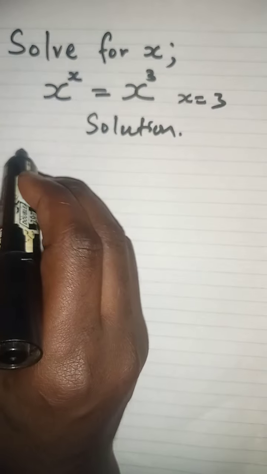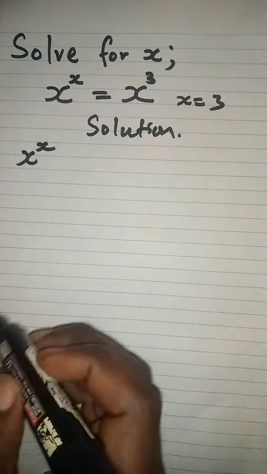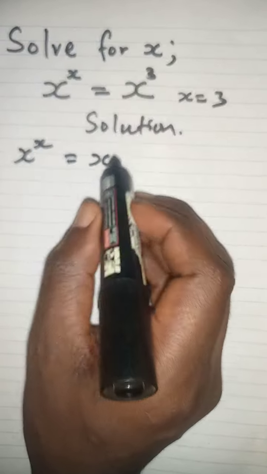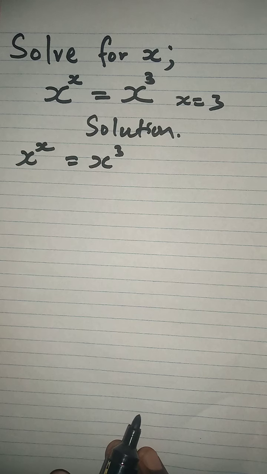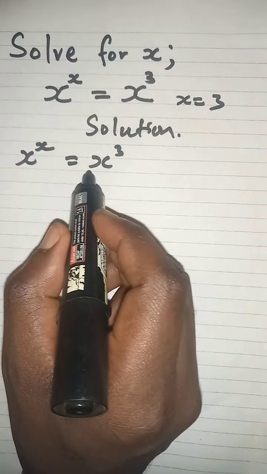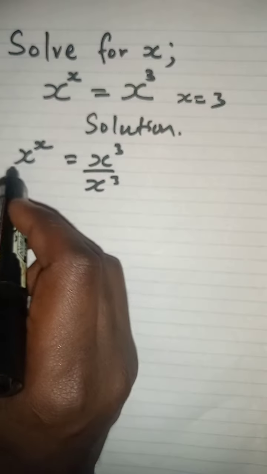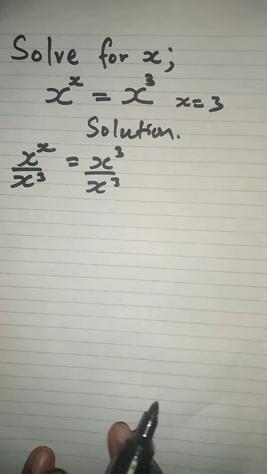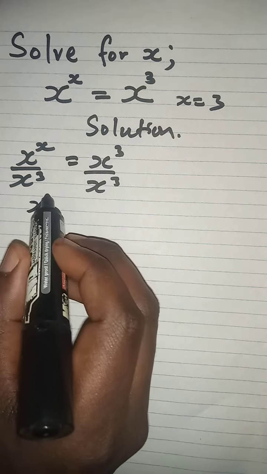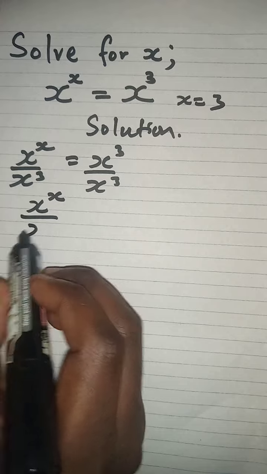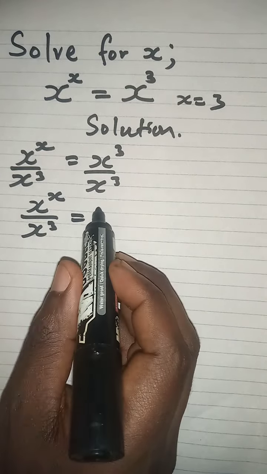We are given that x raised to x is equal to x cubed. To solve it easily, I'm going to divide all through by x cubed, so that I get x to the power x over x to the power 3 is equal to 1.